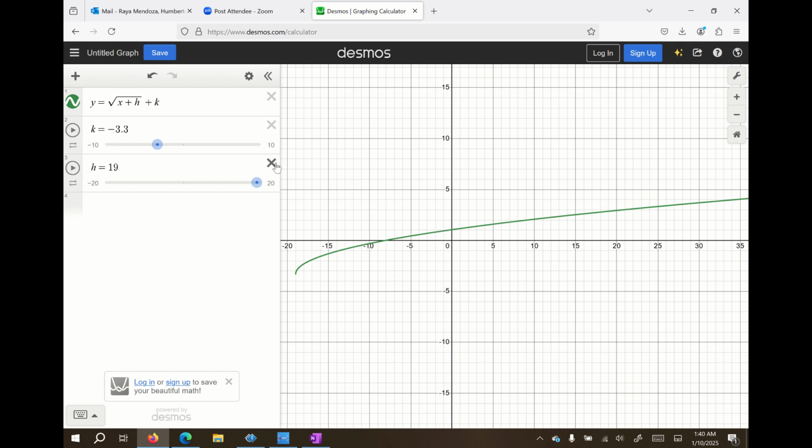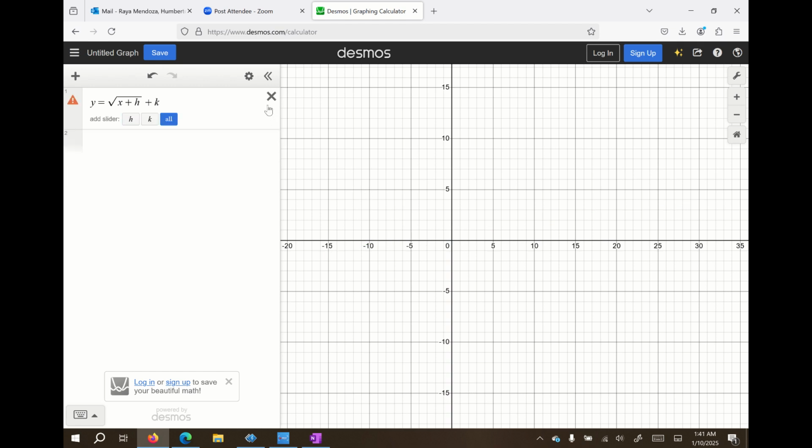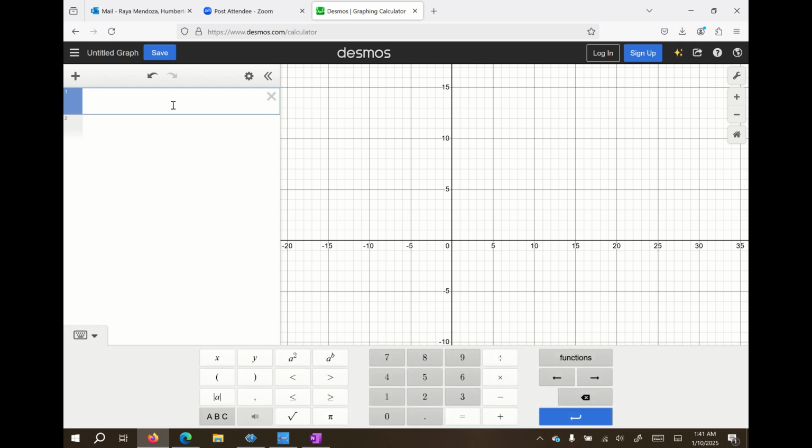These tools are going to be very helpful later on when we look into functions with trigonometric structures like sine of x.